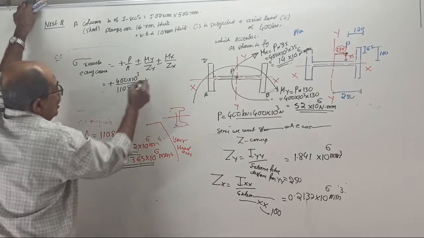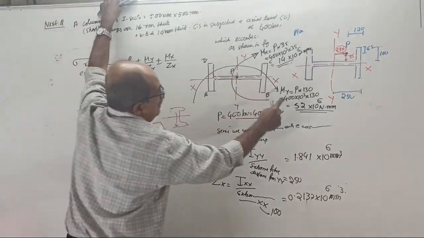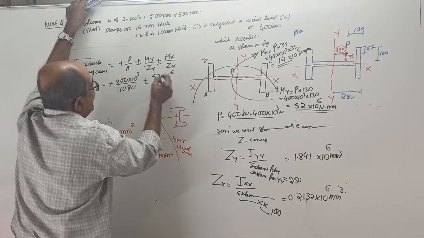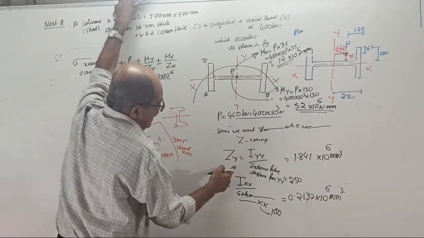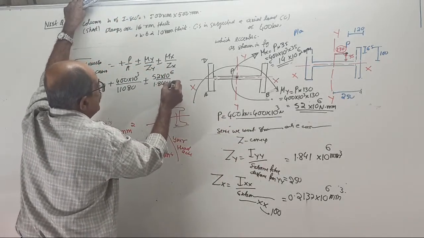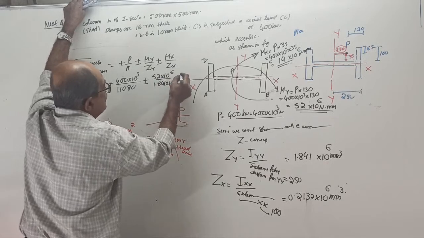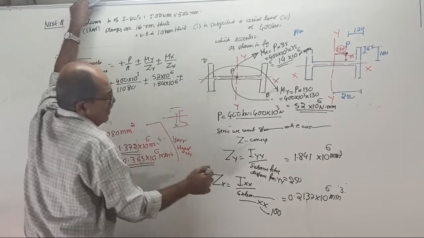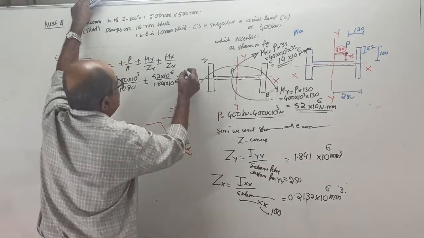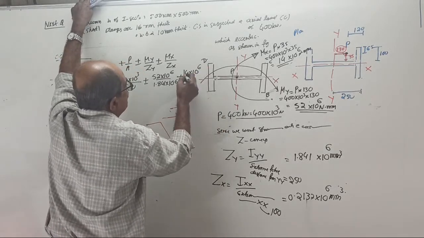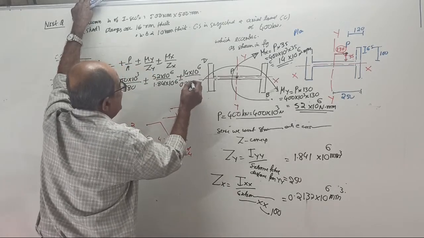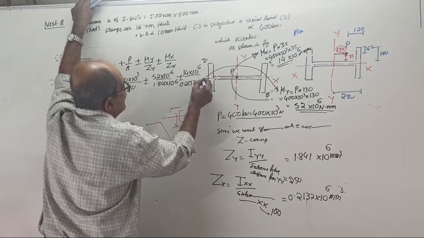11080, plus or minus M about YY is 52 into 10 to the power 6 divided by Z about YY is 1.841 into 10 to the power 6, plus or minus M about x is 14 into 10 to the power 6 divided by Z about x is 0.2137 into 10 to the power 6.